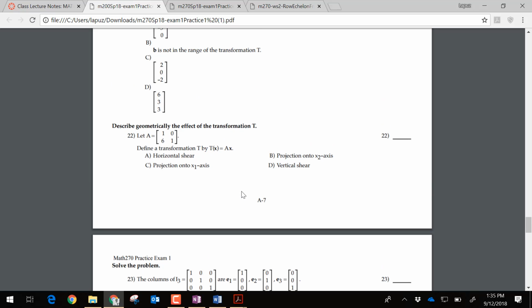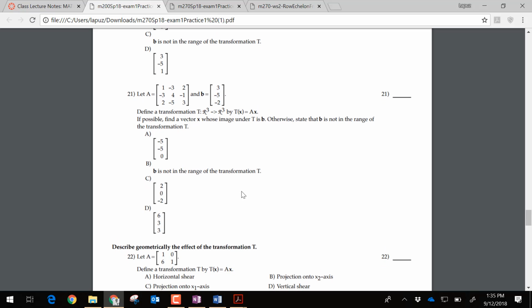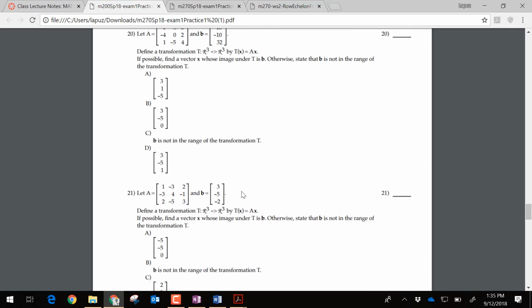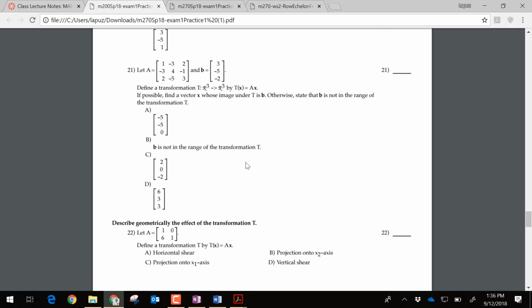So let's do some transformations and then kind of work backwards. All right, 21 or 22? I don't know if they're the same thing. Let's do 21. Oh, I say 21 or 20, that's what I meant to say. All right, let's try to do a problem here.